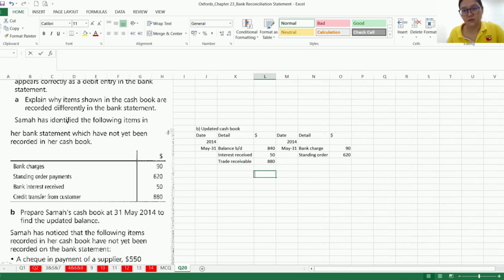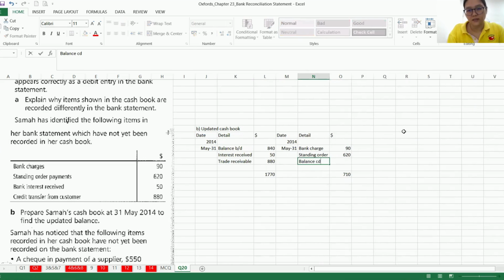See which one is more. Okay, so we have the balance carry down. So always remember, carry down, brought down must be a complete set. So here we have June 1st balance. So the amount is 10.